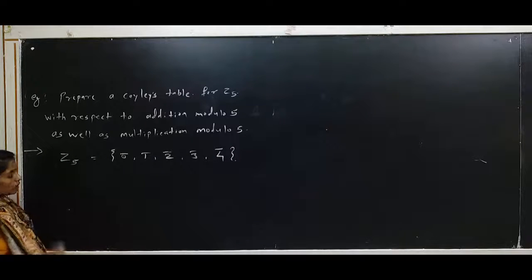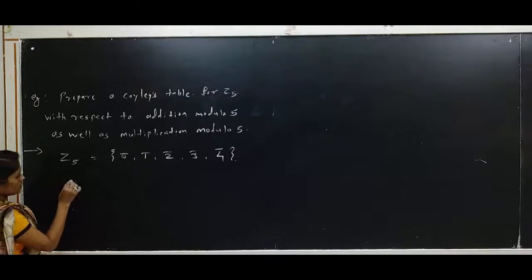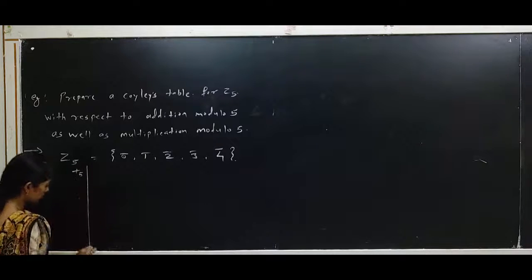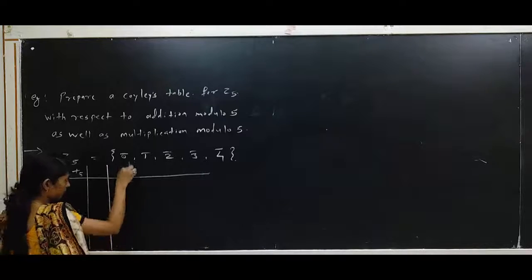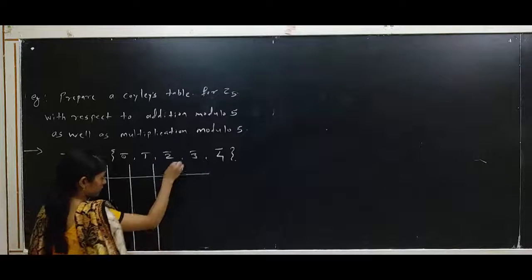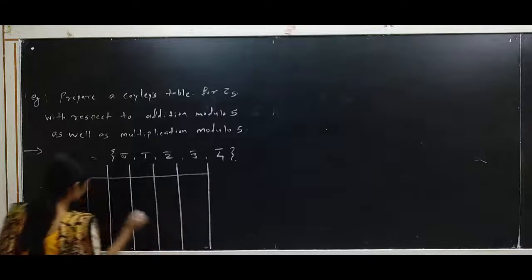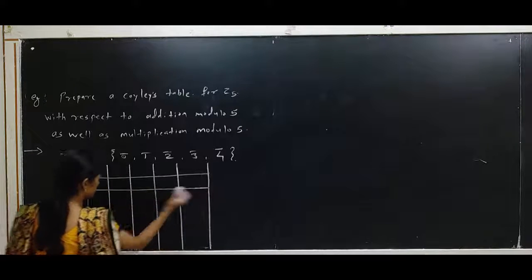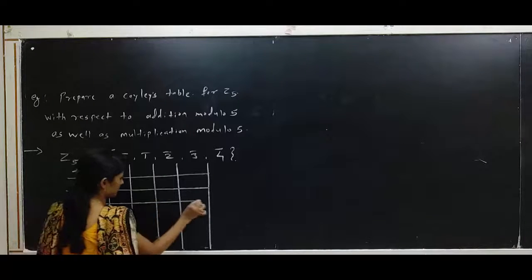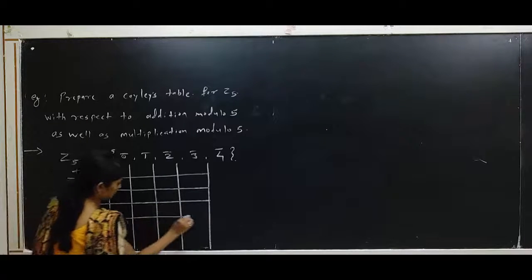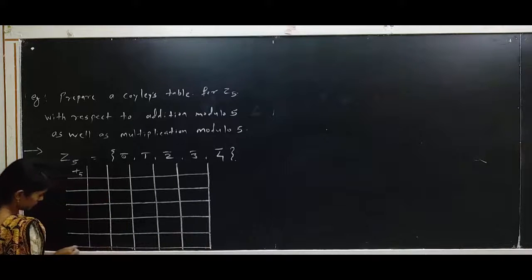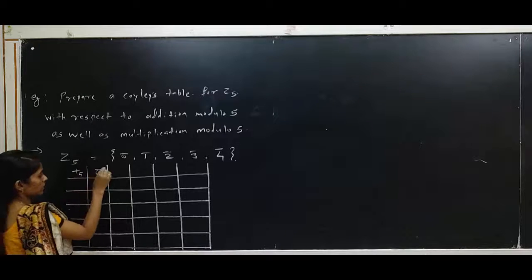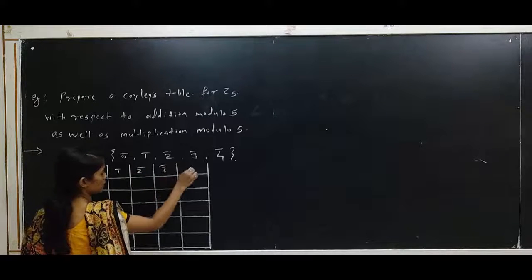Now, we want to prepare the Cayley table with respect to addition modulo 5. Write down the elements of Z5 in row as well as in column.